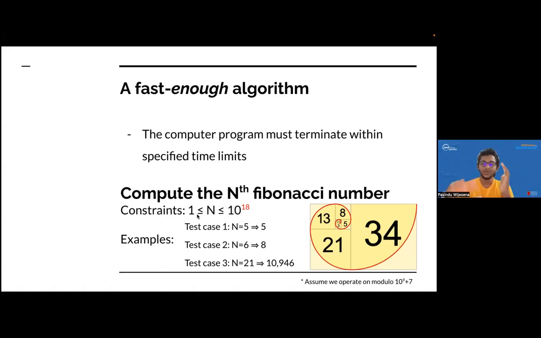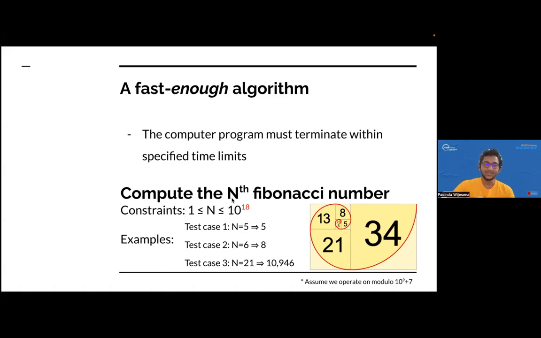It's going to input a number that lies in this range. So n could be 1, n could be 2, n could be 5, n could be 10 to the power 18 minus 5, but n can't be 10 to the power 18 plus 1, and n is not going to be 0, right? So this is going to bound us.